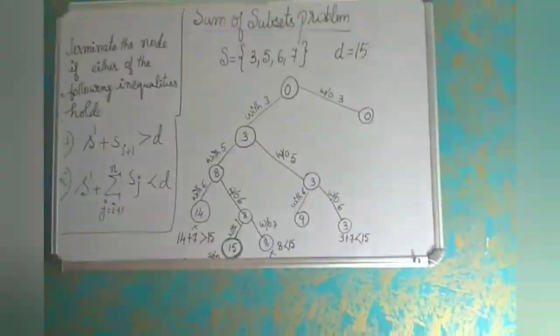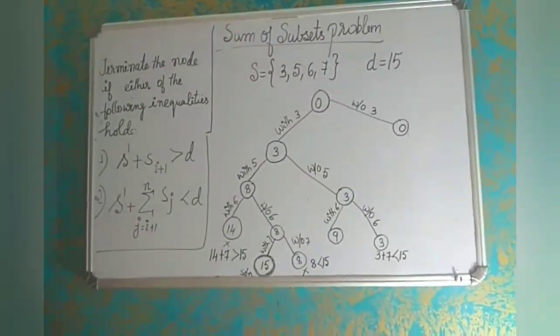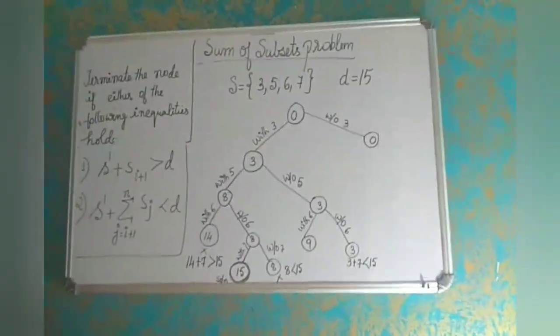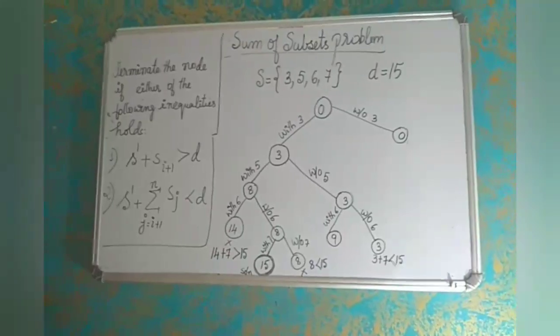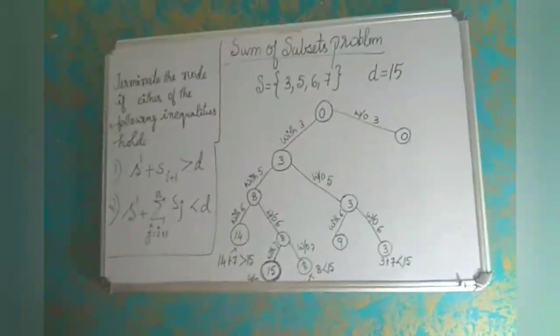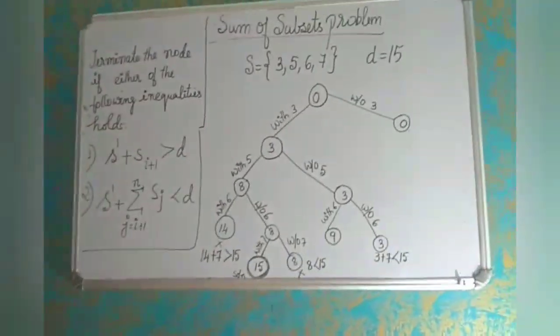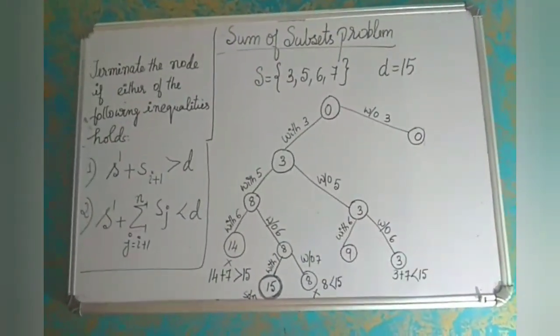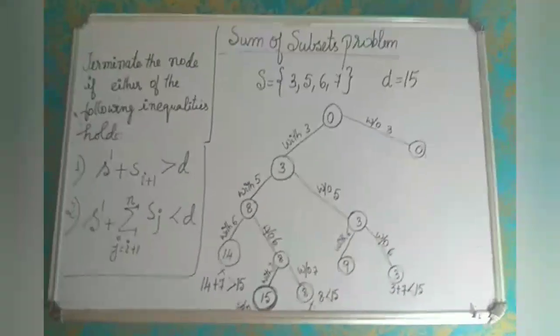So the first left child represents the sum when we include the element S1 in the set. So if you are including the element in the set, then the value of the sum becomes 3.